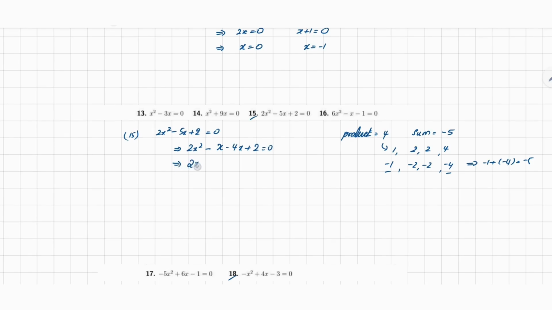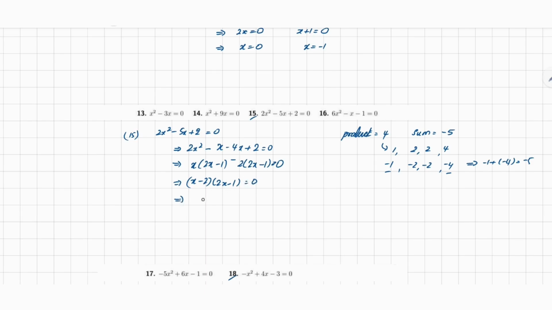So we can take x as a common factor, and we get x times 2x minus 1, plus we can take minus 2 as a common factor, and we get minus 2 times 2x minus 1 equals 0. So that's x minus 2 times 2x minus 1 equals 0.